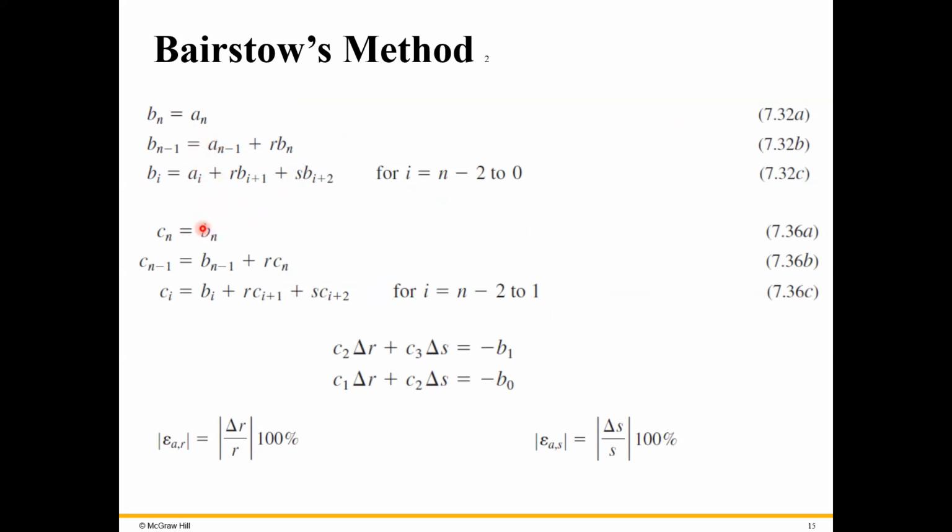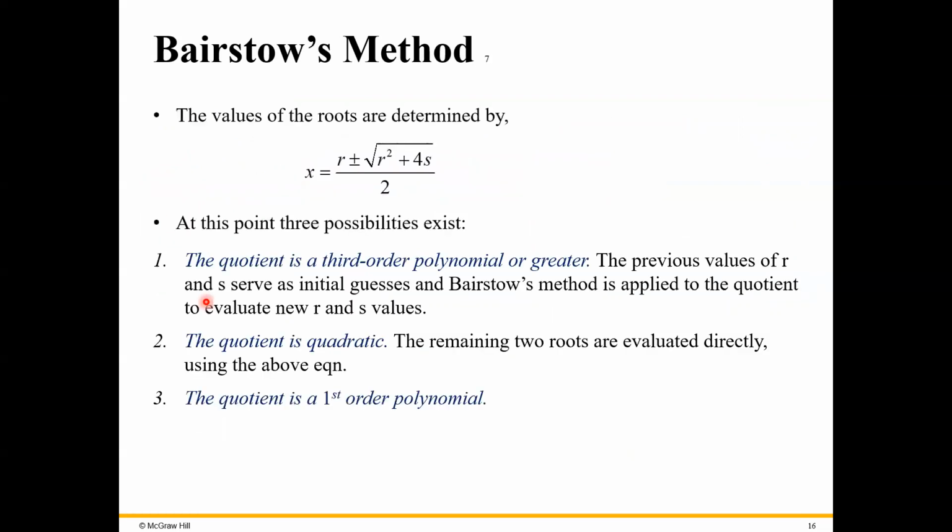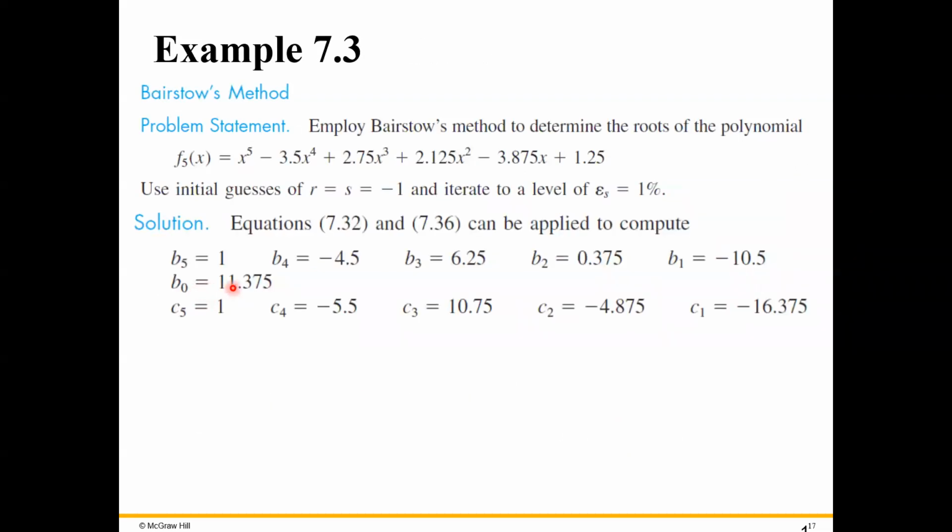Then we can calculate the coefficients B and C. In this way, you have calculated B5, B4, B3, B2, B1, and B0. Then we calculated C5, C4, C3, C2, and C1.